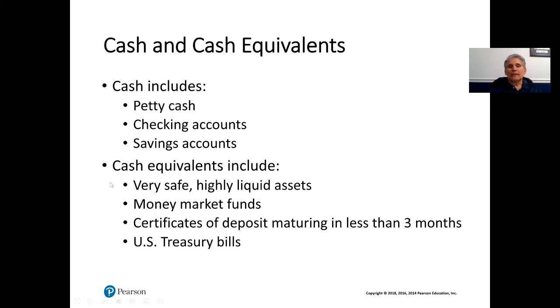Now, we're going to expand it even beyond just the cash and drawers, checking accounts, and savings. We're going to include also very safe, highly liquid assets, money market funds, certificates of deposit maturing in less than 3 months, and U.S. Treasury bills. If a company owns any of these, if they've invested in any of these, they would be considered part of cash and cash equivalents.